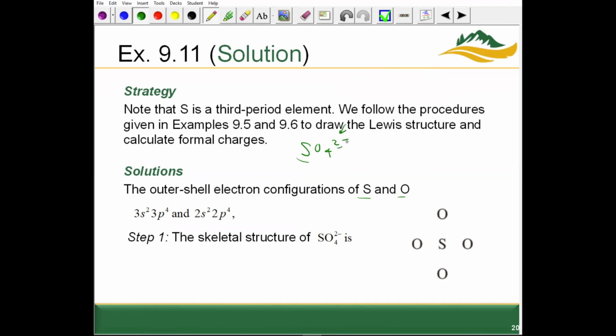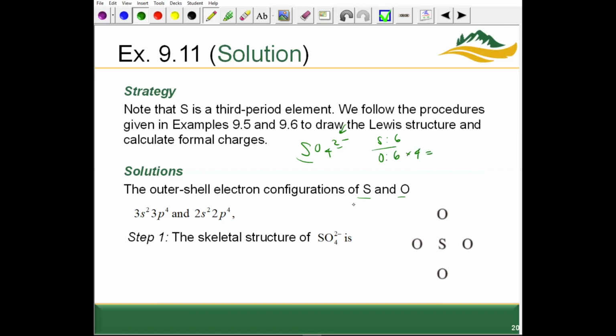So for SO4 2-, we should figure out how many valence electrons we're working with, and we have that 2-, meaning we'll have 2 additional electrons beyond the valence electrons supplied by sulfur and oxygen. So sulfur has 6 valence electrons. Oxygen also has 6 valence electrons.